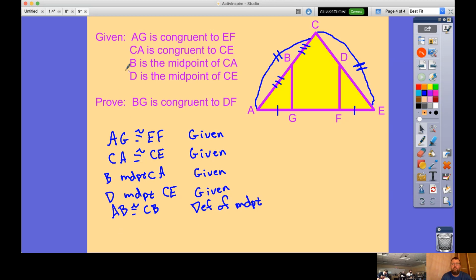All right, and the same thing for D. We know that CD is congruent to DE based on the same reason. All right, so gotta put 4 of them there for now.